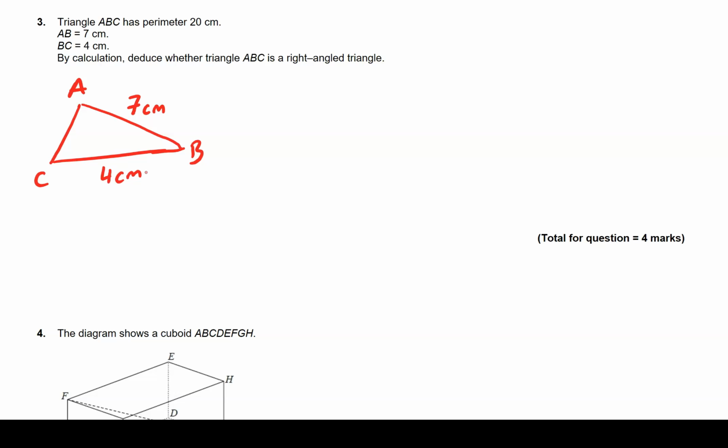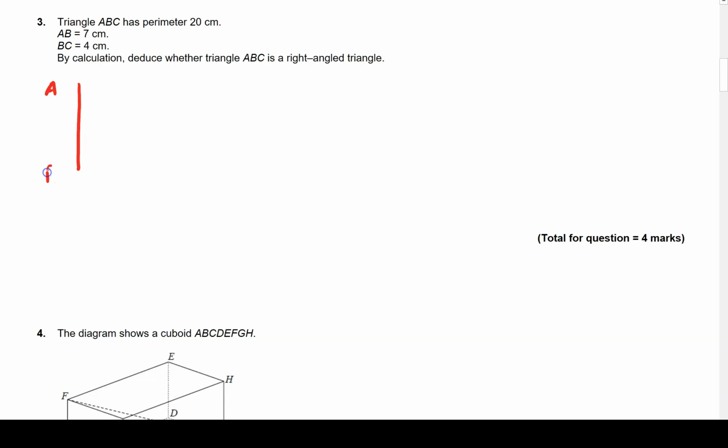Okay, maybe it would be better to draw it slightly more representative. So A to B is 7 centimetres, B to C is 4 centimetres.